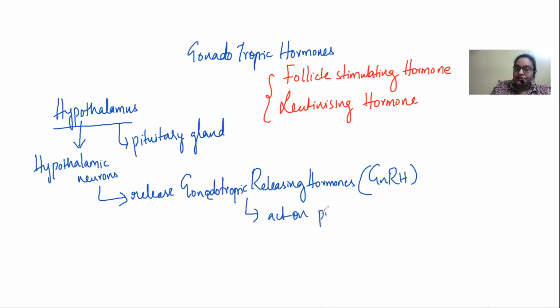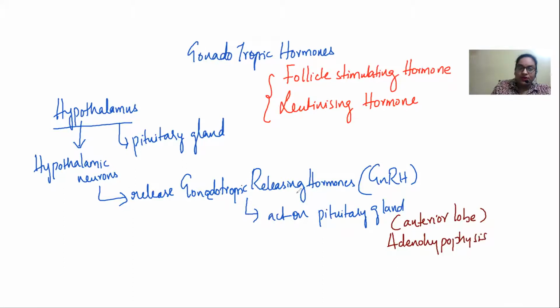These hormones act on the pituitary gland, especially on the anterior lobe, which we call the adenohypophysis. So the hypothalamic neurons release the gonadotropic releasing hormones, which act on the anterior lobe of the pituitary gland, the adenohypophysis.